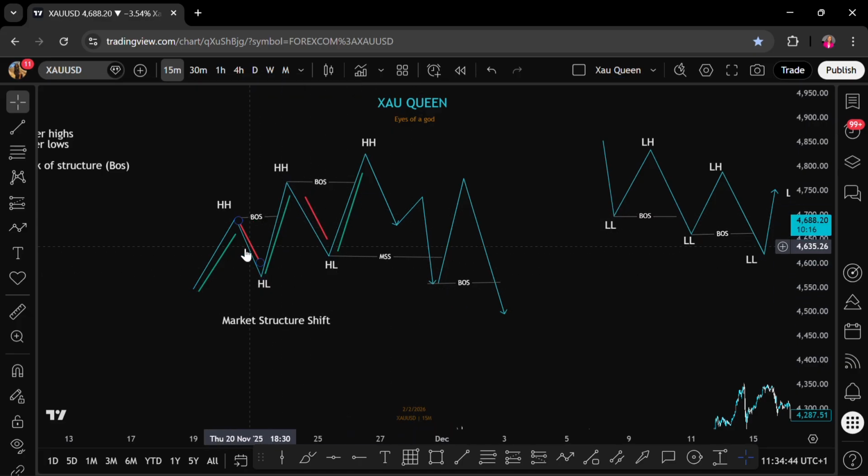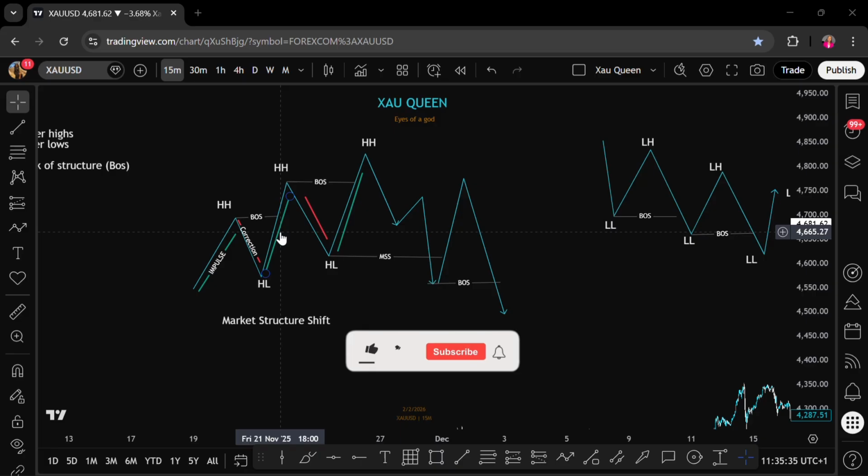You can see this is impulse, correction, impulse, correction, impulse. The green ones are the impulse, the red ones are the correction. And if you notice, the impulse are always longer. So we don't want to involve ourselves in this corrective move.